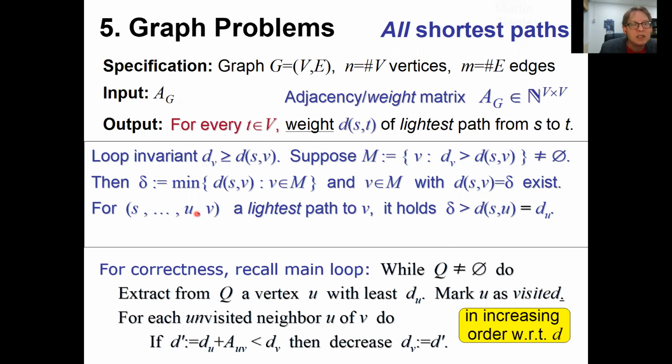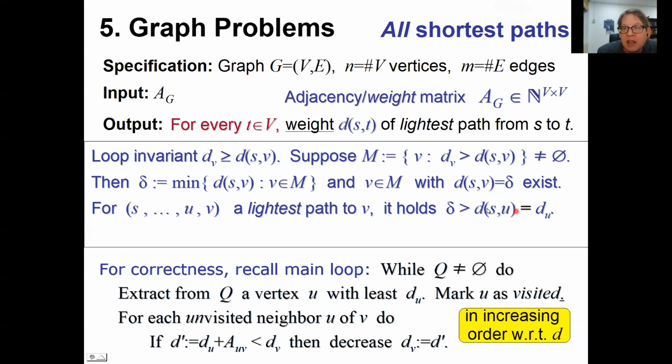And this property is crucial and underlies the whole design, analysis and correctness of Dijkstra's algorithm. So it's worthwhile for me to repeat it a third and final time. Any subpath of a shortest or lightest path is again a shortest or lightest path. So in particular, the path from S to U is a lightest path.